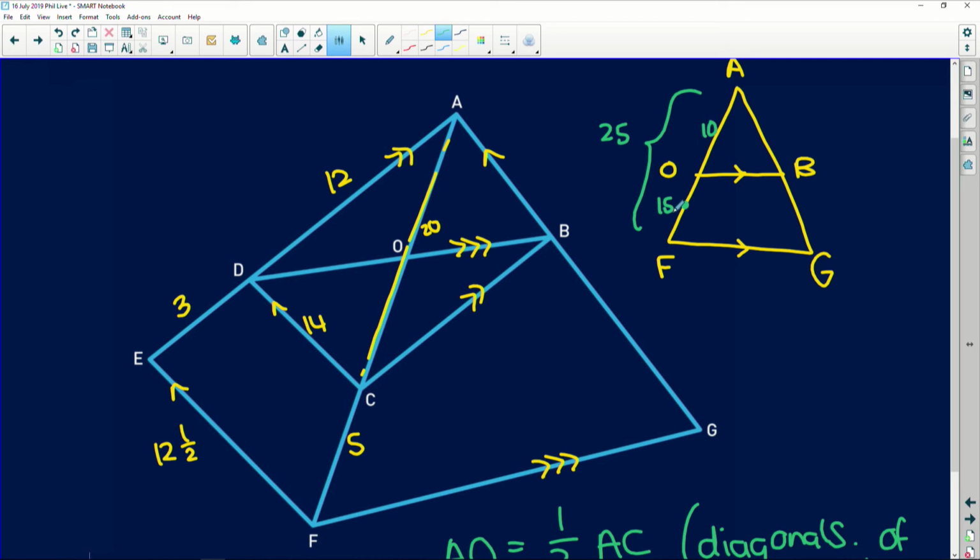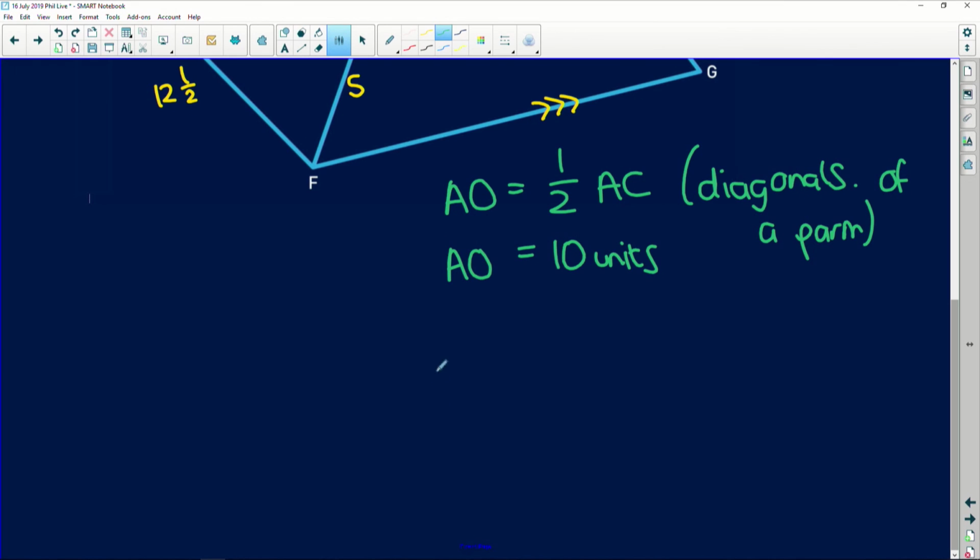Okay, now how do we find AB? Well, remember, this whole thing here, ABCD, is a parallelogram. And what do we know about parallelograms? Their opposite sides are equal. So AB is equal to DC, opposite sides of a parallelogram.